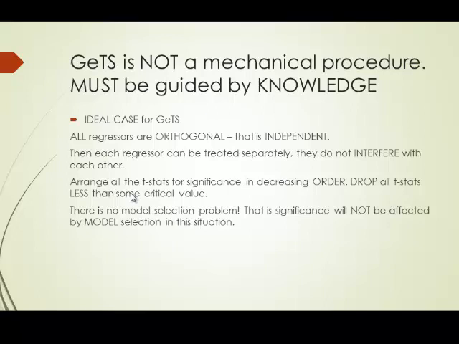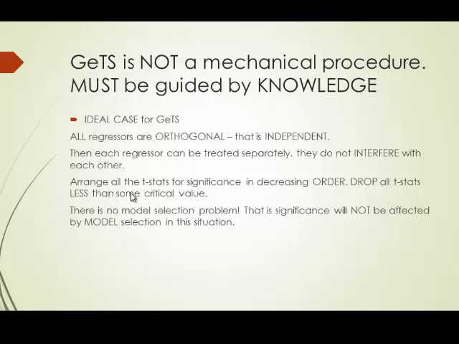It must be guided by knowledge, in the sense that we can show many examples where, if I put in two variables, the wrong variable is significant and the right variable is not significant. There are many published examples in the literature. For example, in the famous Hendry error correction model, there are two regressors.